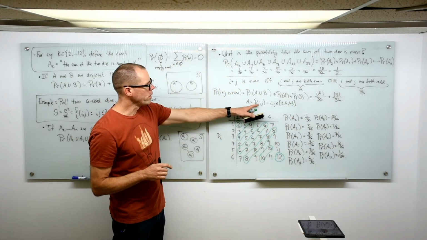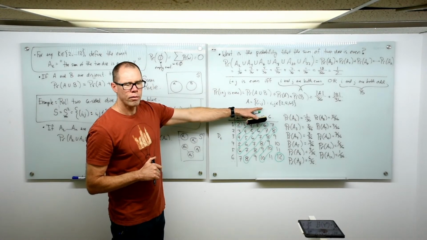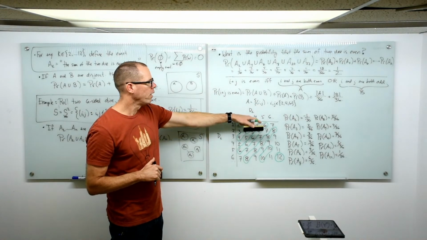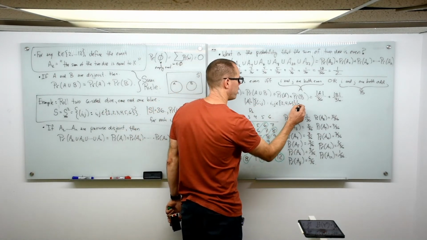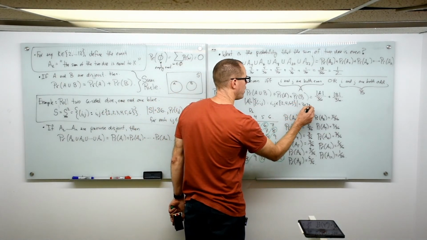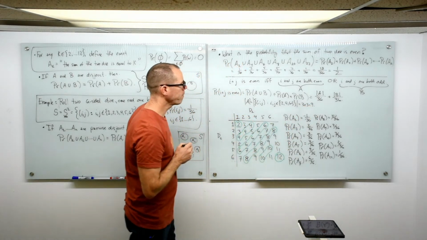So I have 3 choices for I, and 3 choices for J, so that means the size of A is just 3 times 3, which is 9.